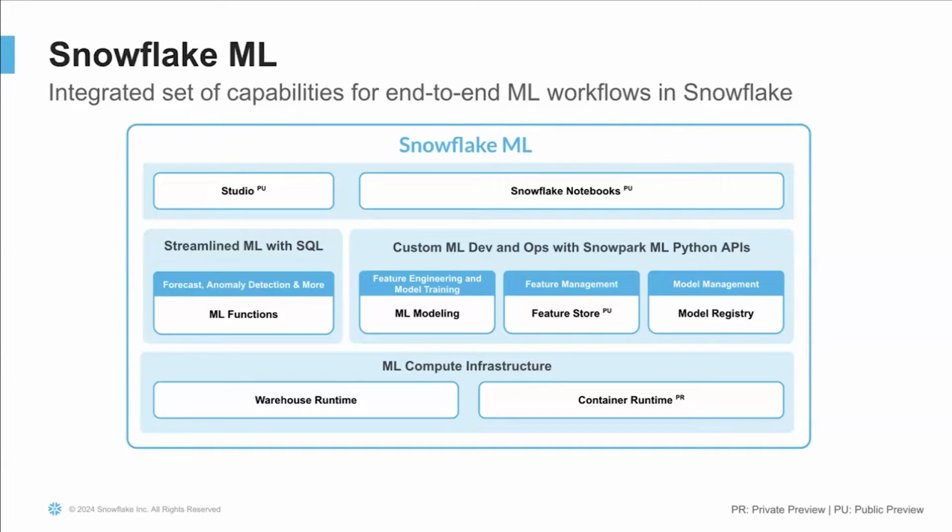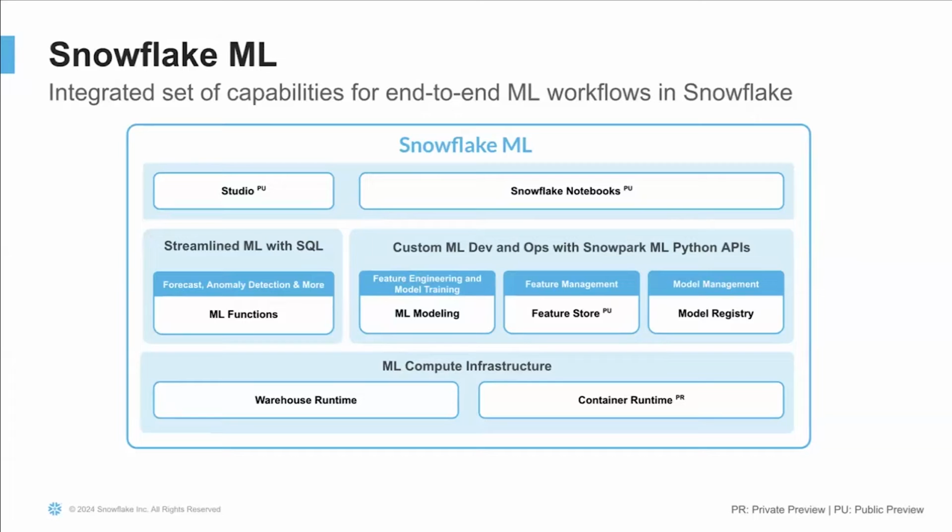For custom ML, data scientists and ML engineers can leverage a suite of features for ML development and operations from Snowflake notebooks or any IDE of choice. Snowflake ML offers Python APIs accessible from the Snowpark ML library for the entire ML lifecycle, from pre-processing to operations.